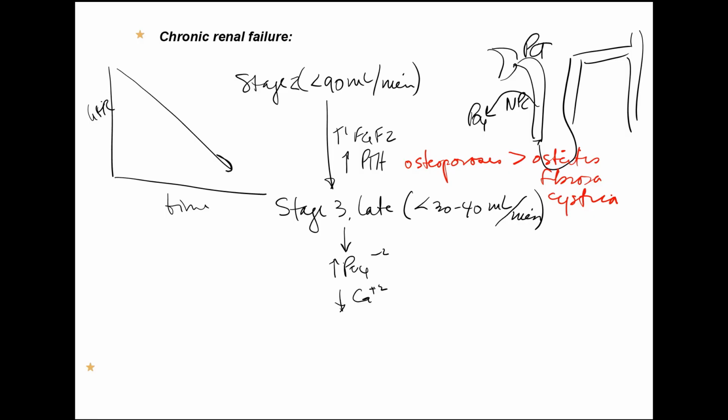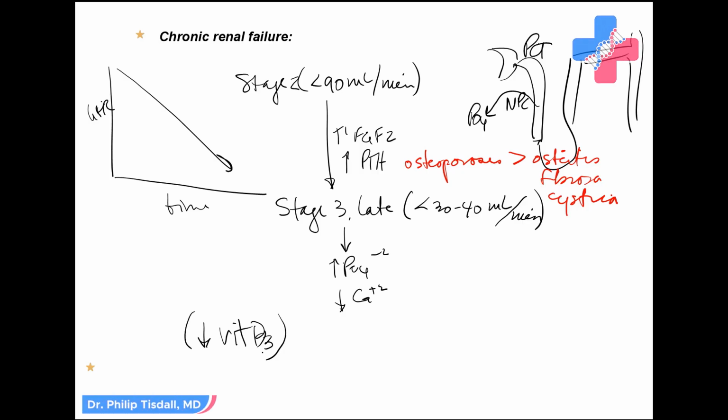And at this point, medical intervention is necessary for patient effects. In addition, because of the increasing damage to the proximal convoluted tubule, there is also a decreased level of vitamin D3 synthesis because there's no 1-alpha hydroxylase, and that also contributes to the low calcium status.